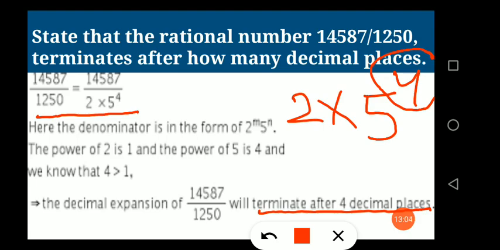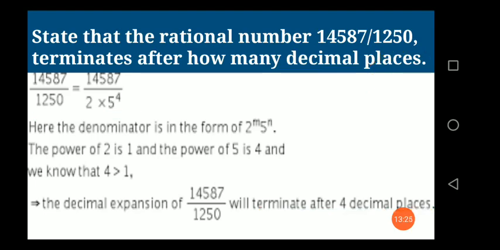Same way here also we have to find the highest power of 2 or 5, whichever has the highest power, and after that many places the decimal expansion will terminate. Understood?